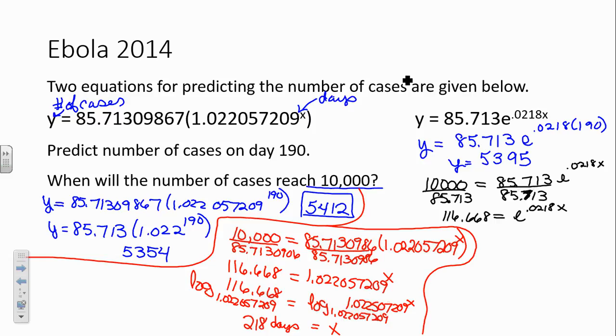So now, how do we get to our exponential when we have an e for our base? The log base e, right? The natural log. So we'll take the natural log of both sides.